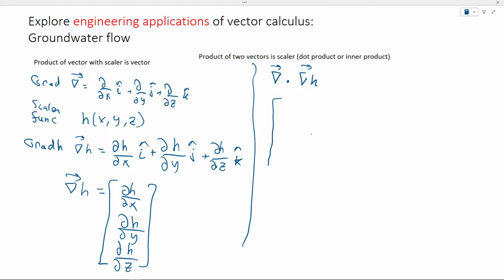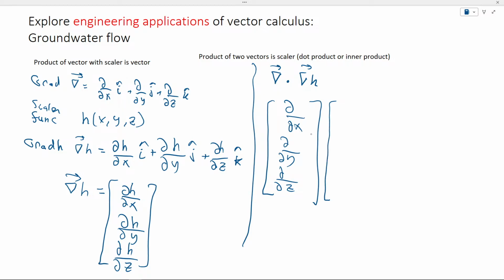This is a vector: partial over partial x, partial over partial y, partial over partial z, in a dot product with partial h over partial x, partial h over partial y, and partial h over partial z.